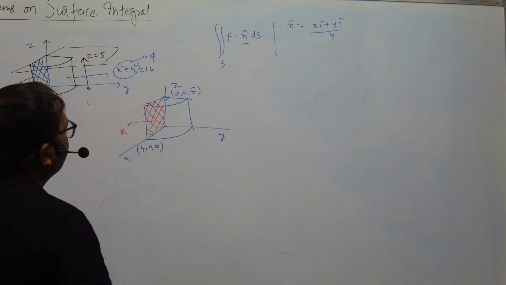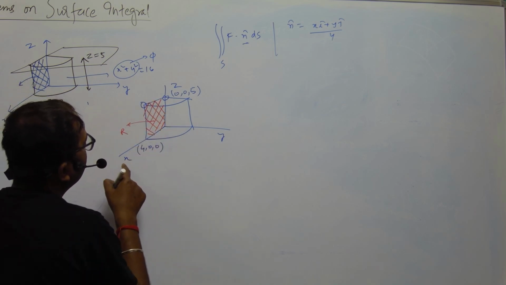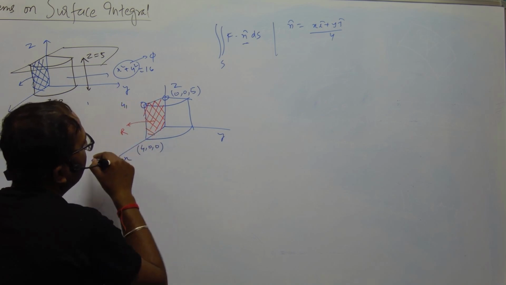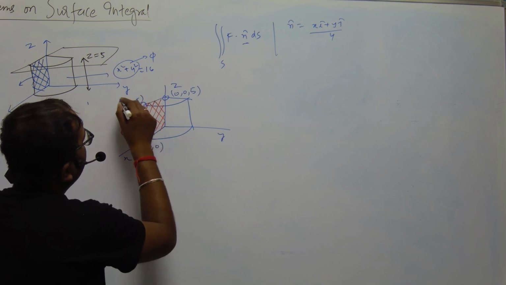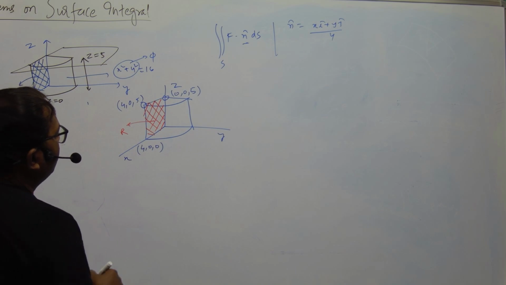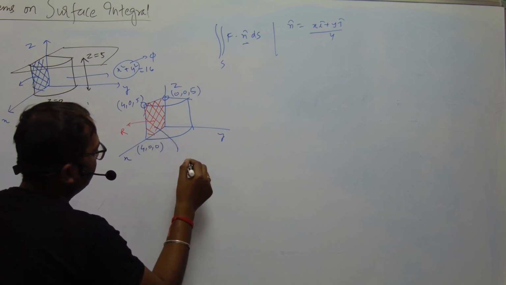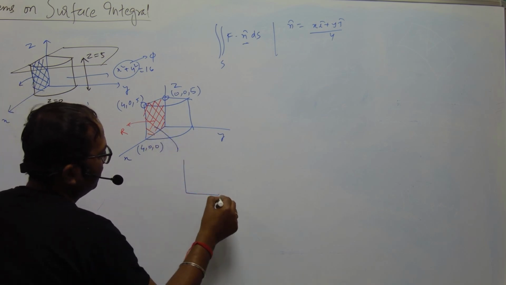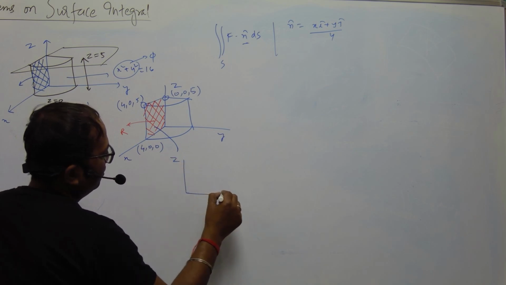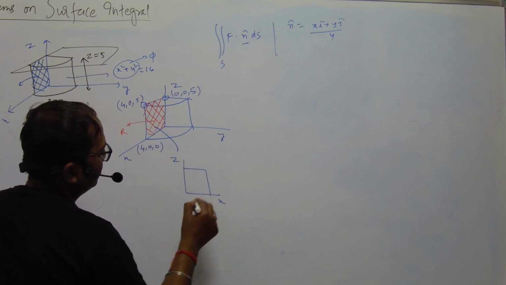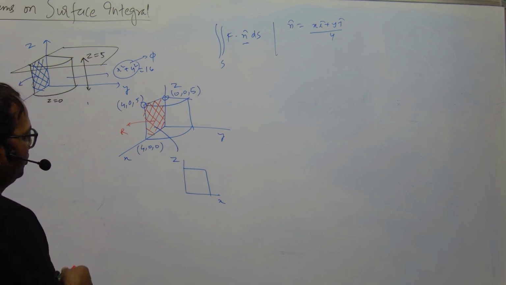What is the value of this point? This point is 4, 0, 5 on the xz plane. So this is our xz plane, and the region R is like this.